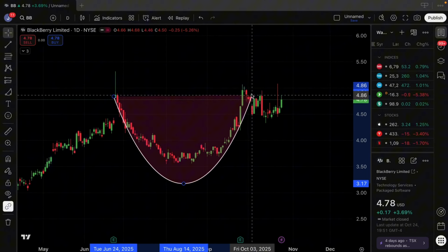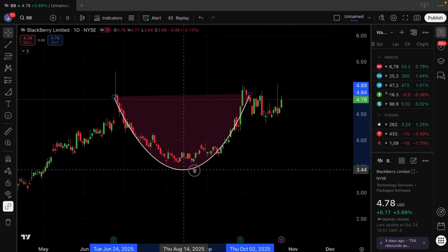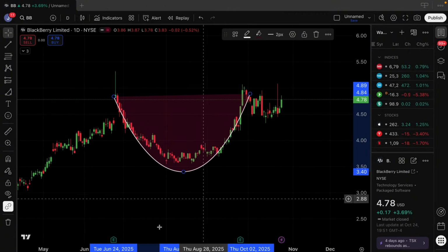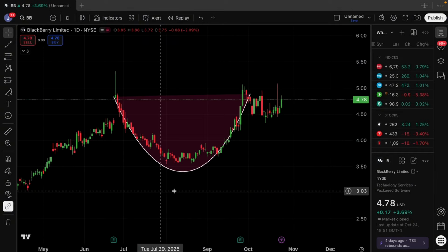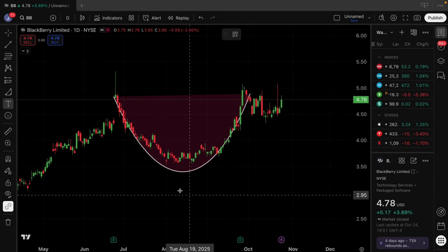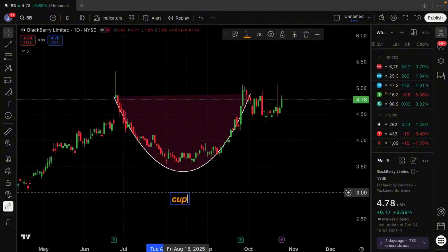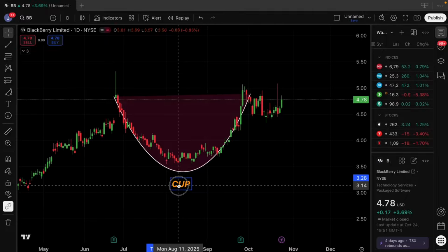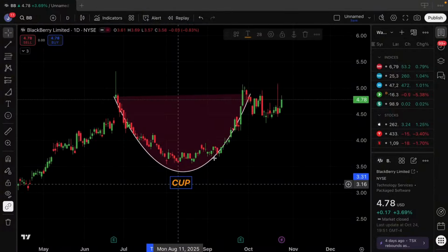Now, once you identify the cup, we have to go and find the handle. Now, the entire setup is pretty easy to find in general because you will see the candles curving anyway. So you can kind of look for the cup automatically and then go back in and find the handle. So I'm going to type cup here and put that there, and then the handle.